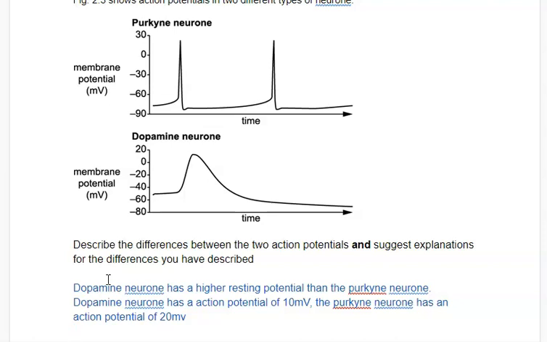So the action potential changes by, so how much is the dopamine one gone up?